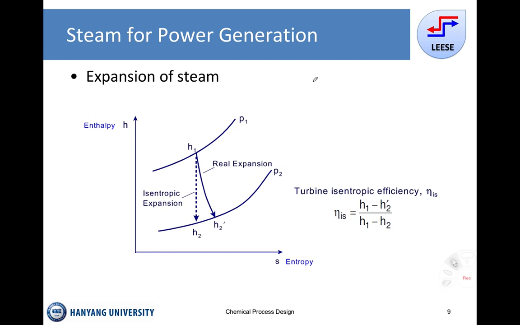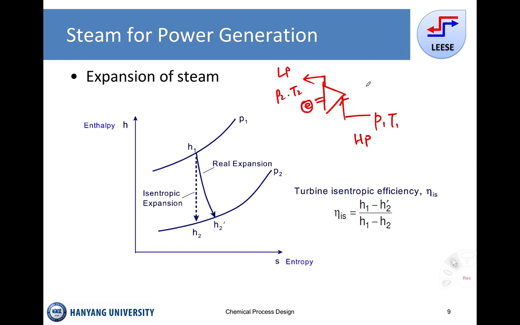So for example, high pressure steam is expanded to low pressure steam, P2, T2. Then we are generating power.